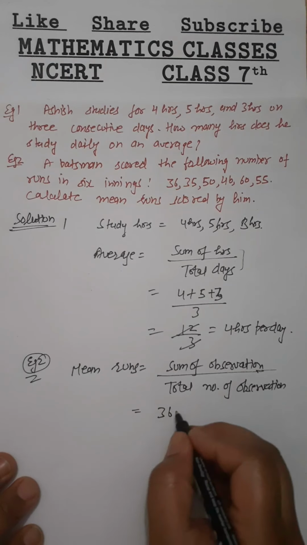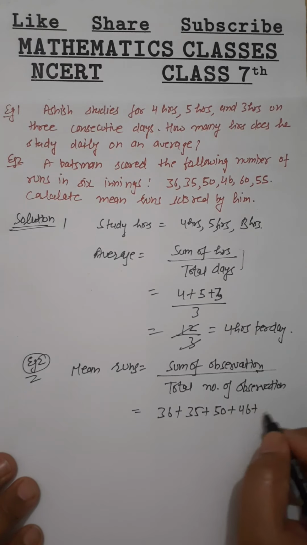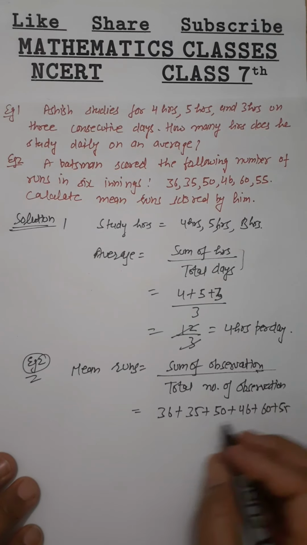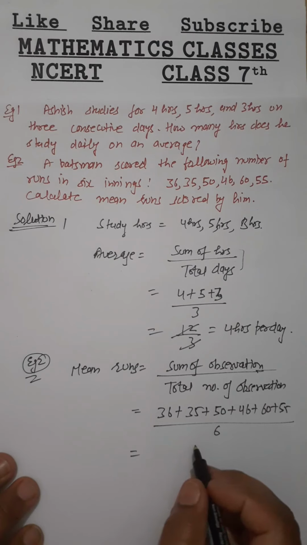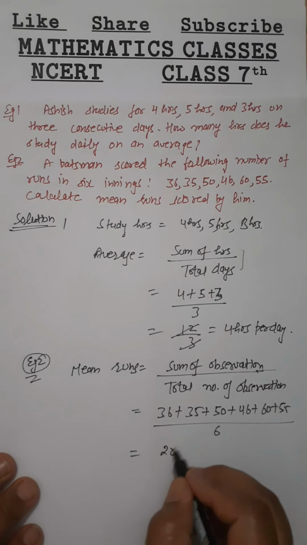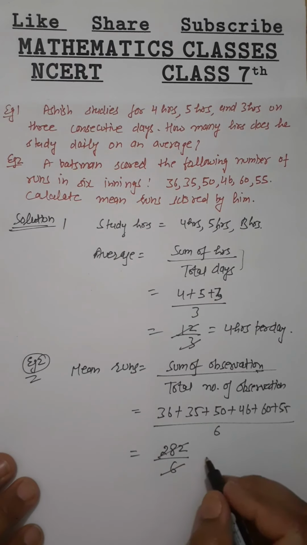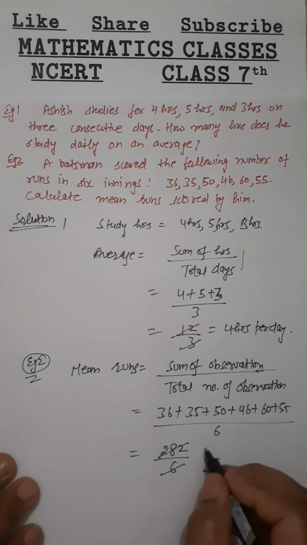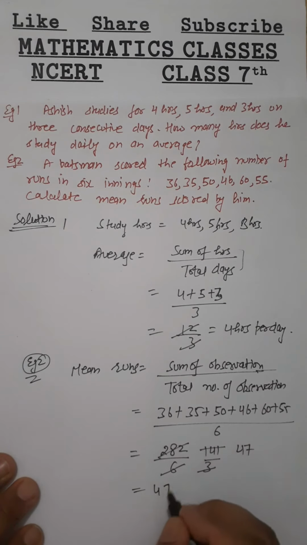Sum of observations: 36 plus 35 plus 50 plus 46 plus 60 plus 55 by 6. Add it, 282 by 6. Now divide. Your answer is 47 runs. Mean runs.